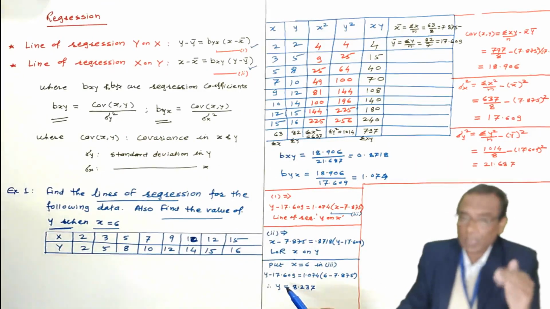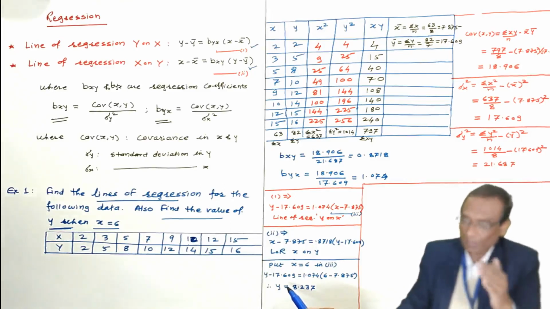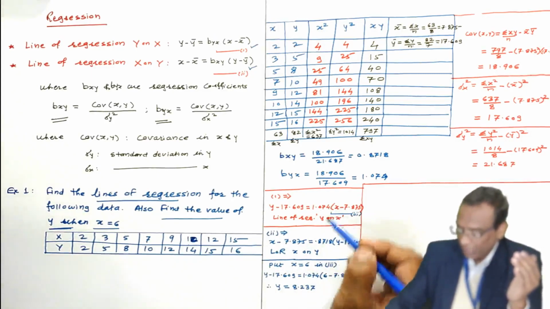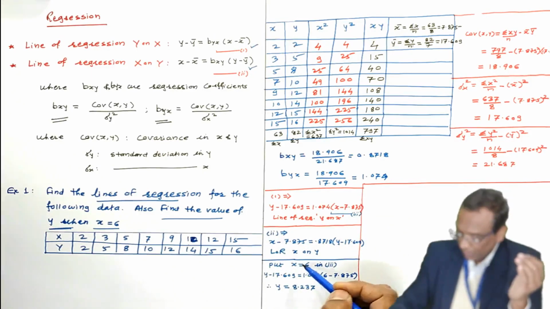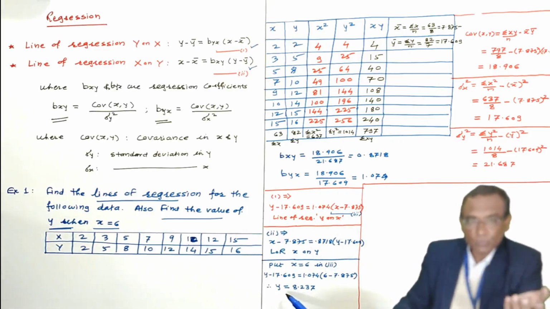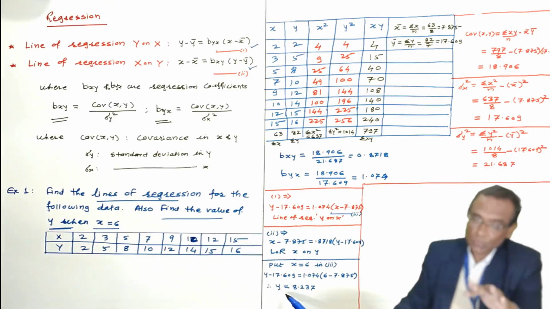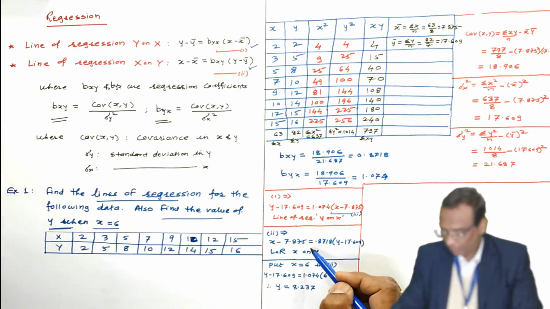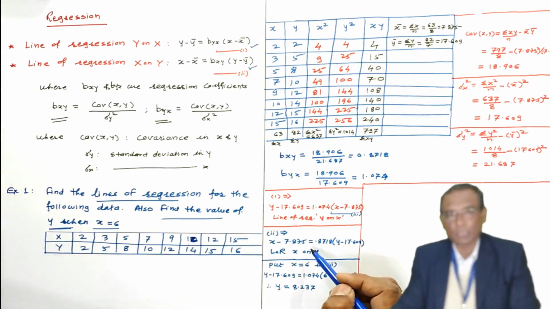The value of y is asked. Use the line of regression y on x. So this equation I am using. Put x equal to 6 here and get the value of y. If the value of y is given to you and the value of x is asked, put the value of y here and get the value of x in this way.